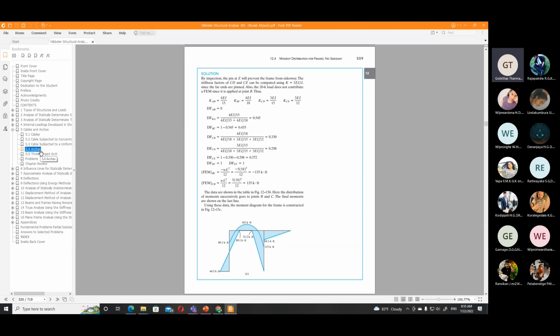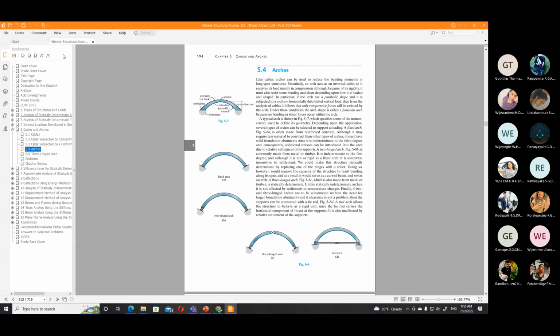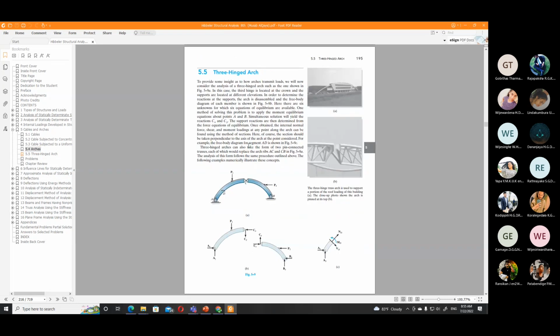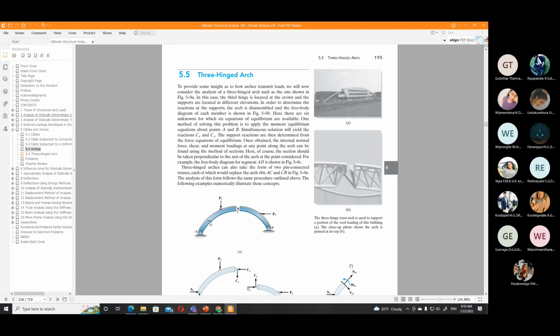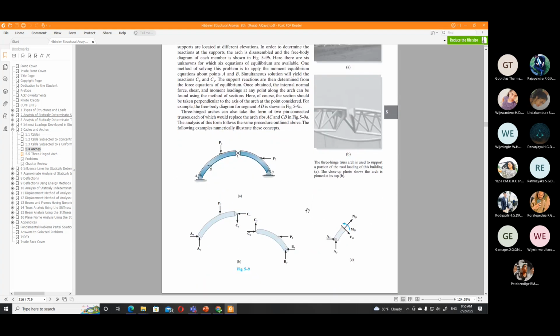Cables and arches. So the three-hinged arch, you can see it is analyzed like a simple structure.